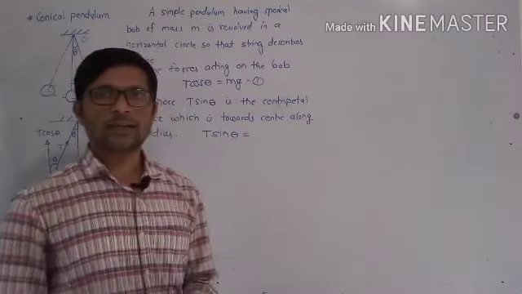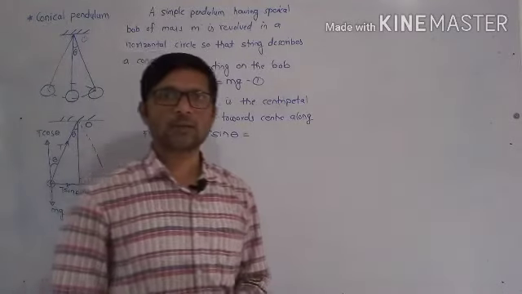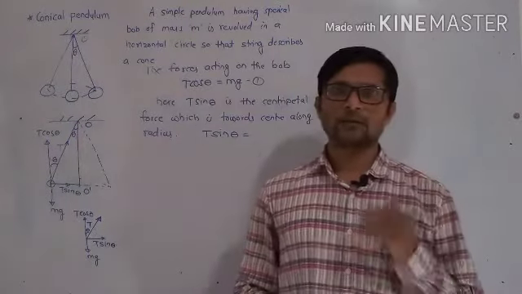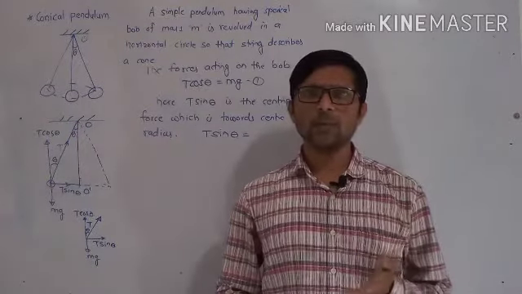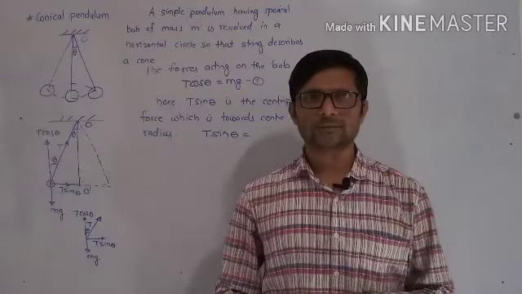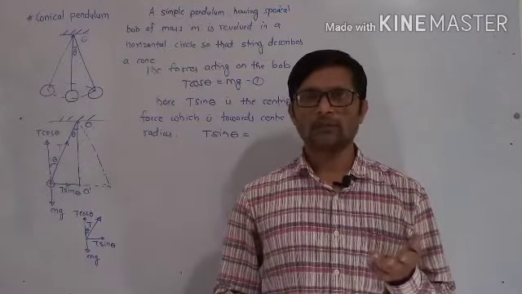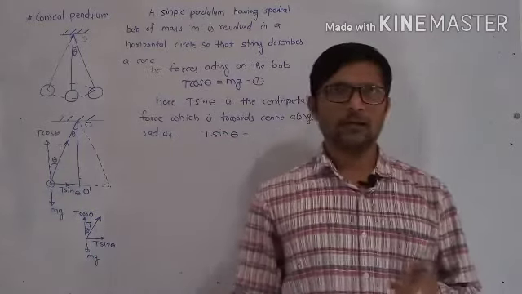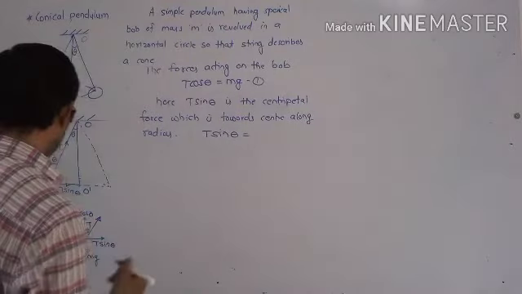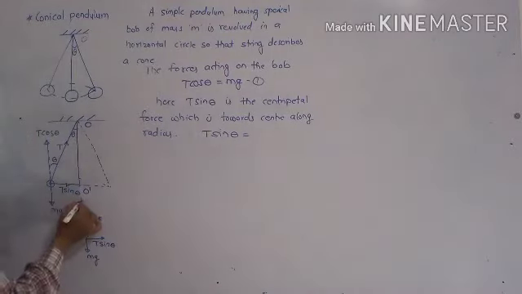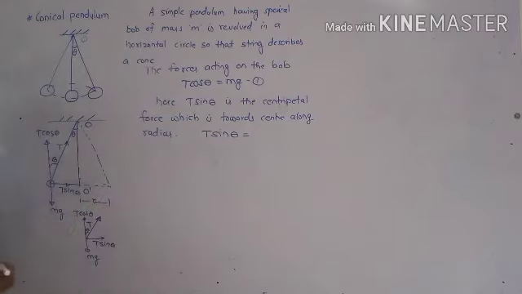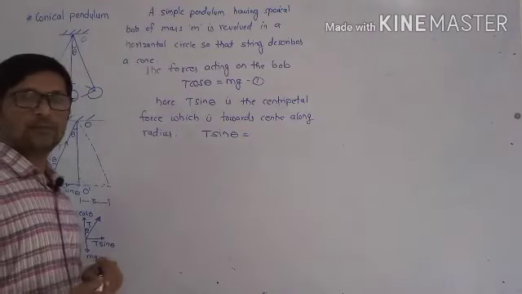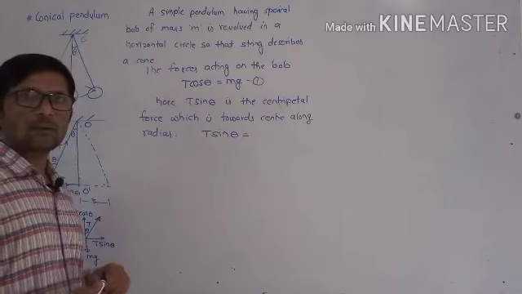So there are three forms of the expression for the centripetal force: mv square by r, mr omega square, and mv omega. Suppose we consider the radius of the horizontal circle as r, the linear speed of the bob is v, and mass of the spherical bob as m.